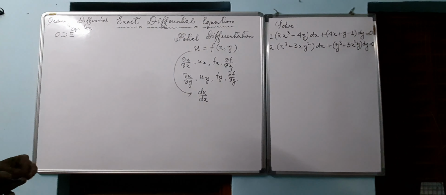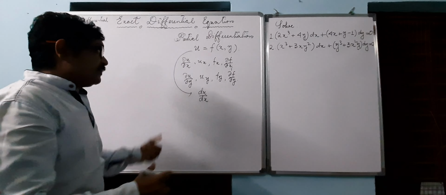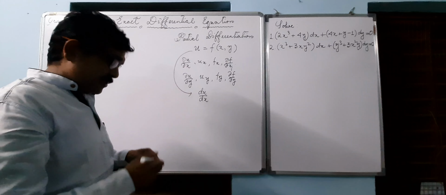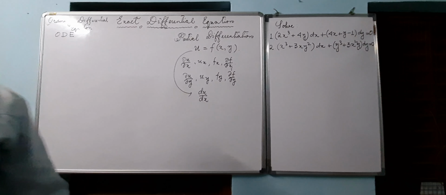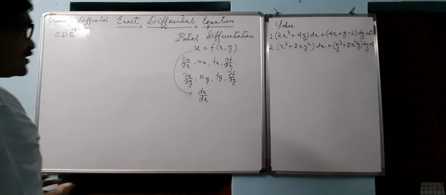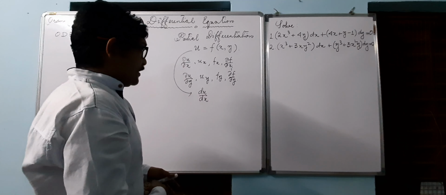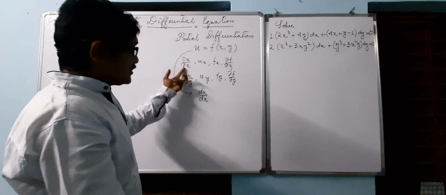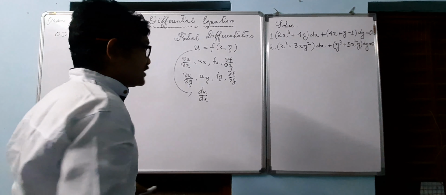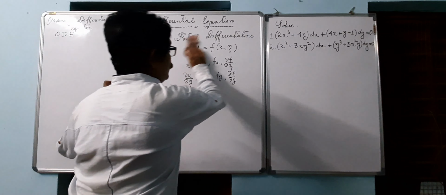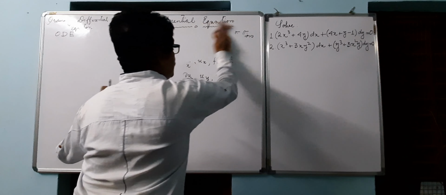Partial differentiation is the differentiation of the function partially with respect to x treating y as constant. So in what way do we have to proceed?